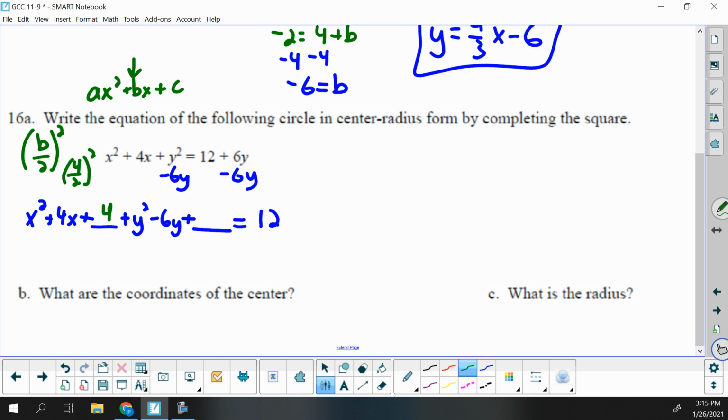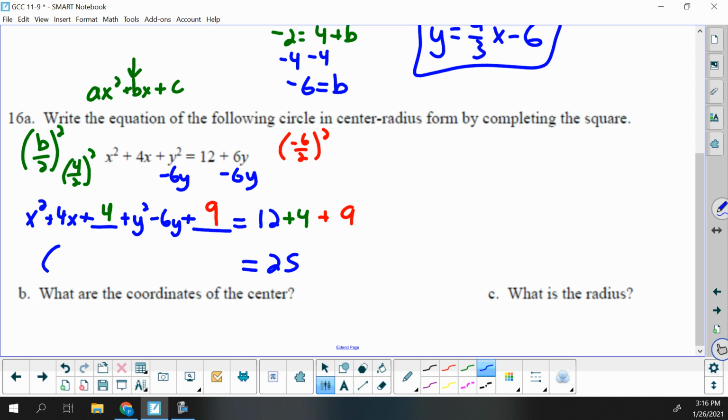So we'll put 4 here, but you got to balance it off by adding 4 on the other side. For the y's, we're going to have negative 6 divided by 2 squared. So that's negative 3 squared, which is 9. We'll add 9 to the other side. If we combine our like terms on the left, those will add up to give us 25.